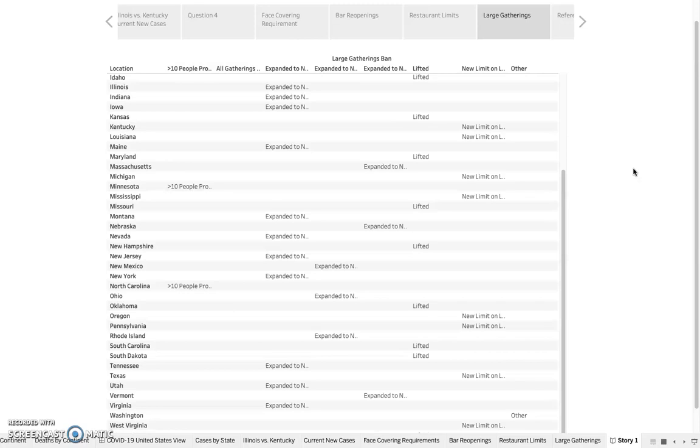The way this database was written, they grouped certain categories into the expanded, which, over 25, means that Illinois was under 25 but now they're allowing slightly larger groups and starting to reopen that way. Kentucky has a new limit on indoor gatherings to a small number of people. Outdoor gatherings are a little larger than indoor gatherings just because it's a little safer. But Kentucky actually has one of the lowest indoor limits amongst all states.